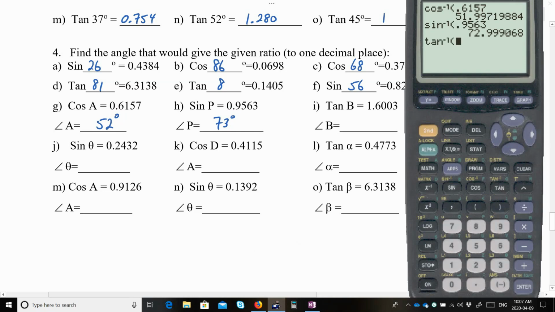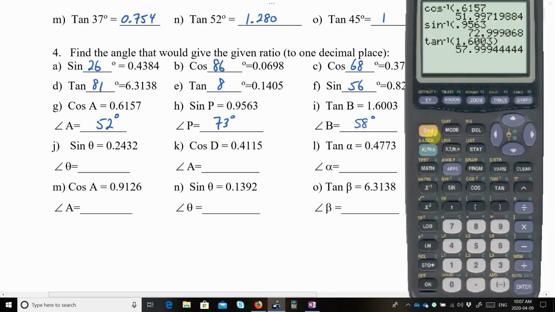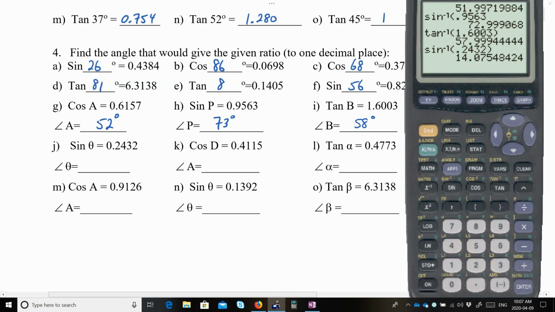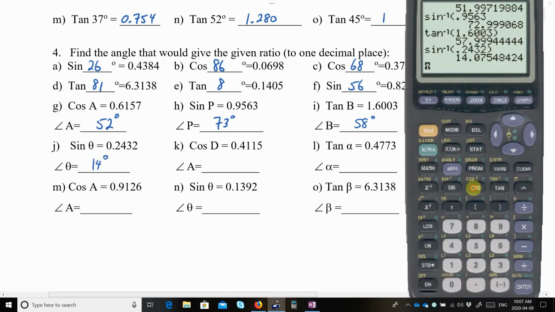Shift tan 1.6003. 58 degrees. Shift sine 0.2432. 14 degrees. Shift cos 0.4115. 66 degrees.